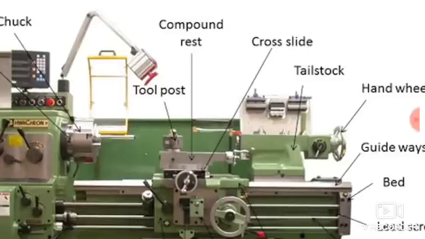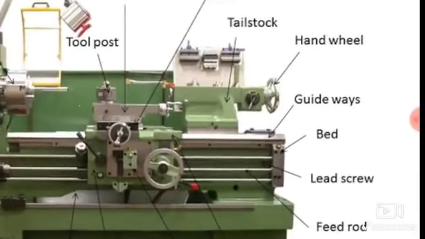After that there is a cross slide for giving the feed in vertical direction, that is perpendicular to lathe axis. After that there is a tailstock. So tailstock is basically used for supporting the long workpiece. Okay, so the long workpiece, or say long cylinder or long shaft, that is supported in between headstock and tailstock.